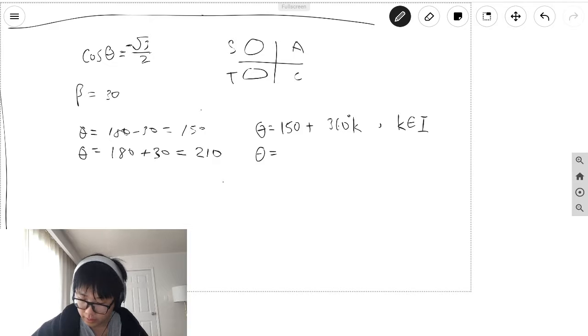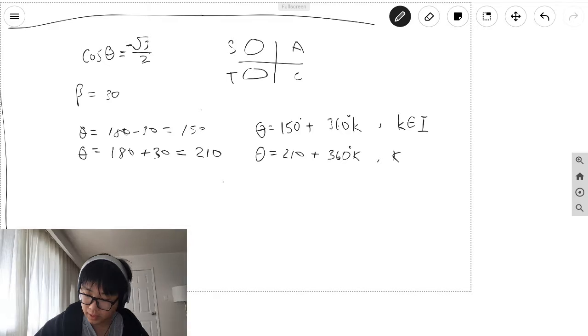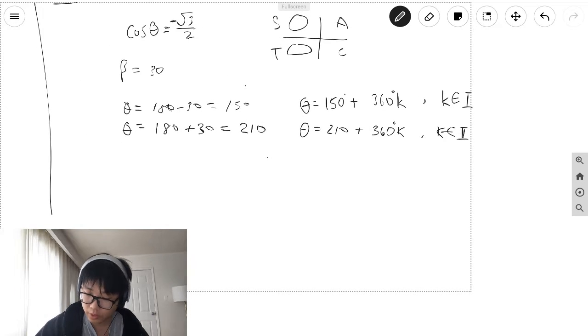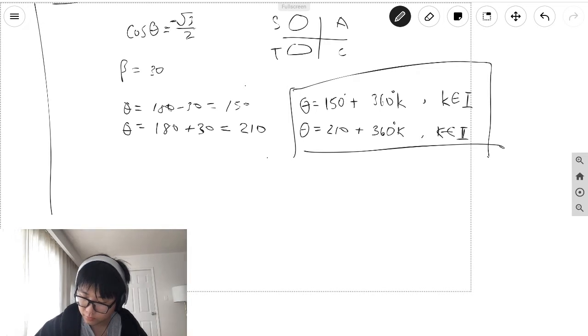So 0 would indicate 150, while all the negatives mean going backwards 360, and all the positive numbers will be forward 360. So this is how you write it if they don't specify. When your internet lags a bit, it's harder to write. That will be my full solution for this one.